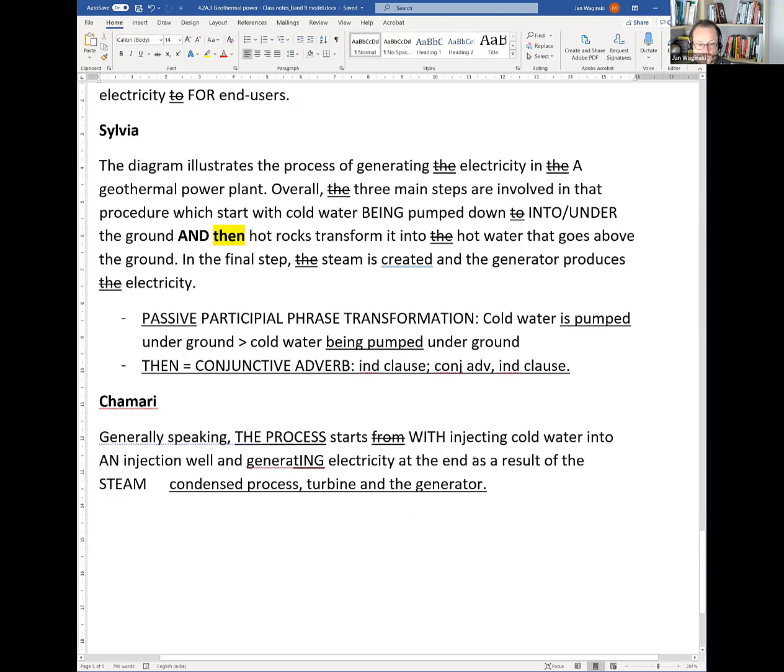It doesn't read well. Any suggestions from anyone else? Results of the steam. As a result of creating steam or producing steam. That's better.